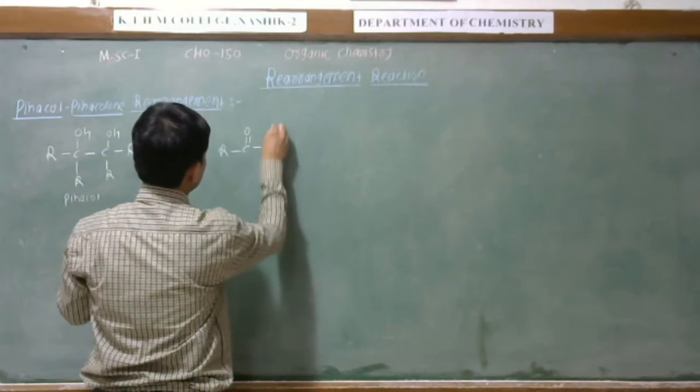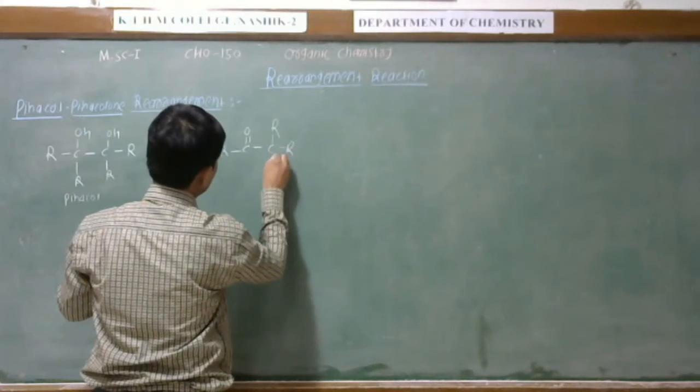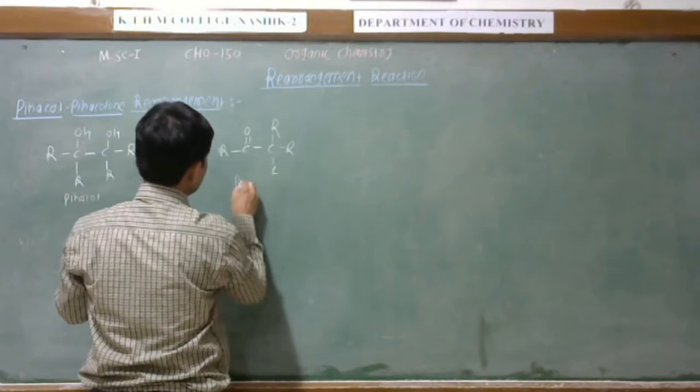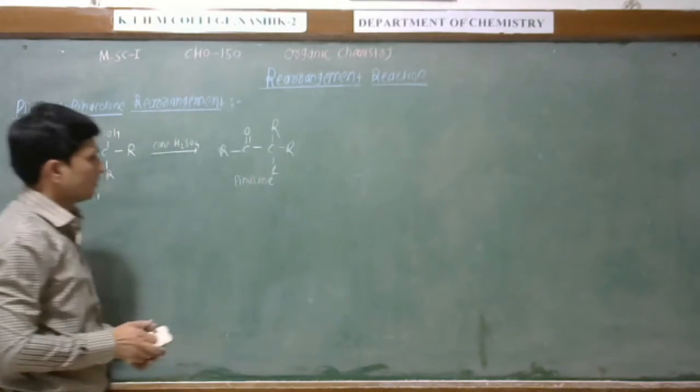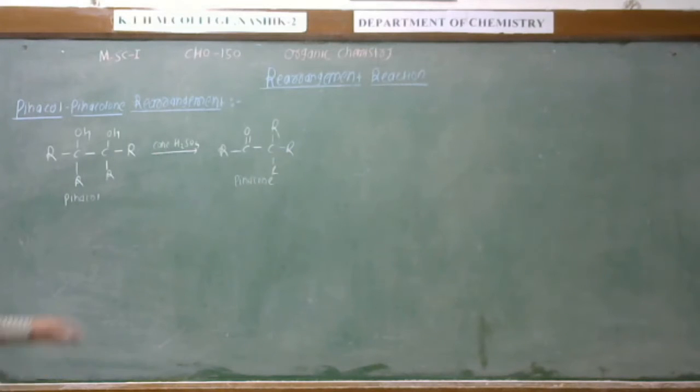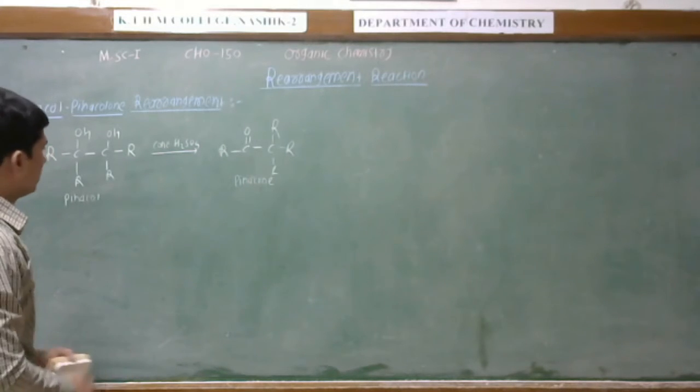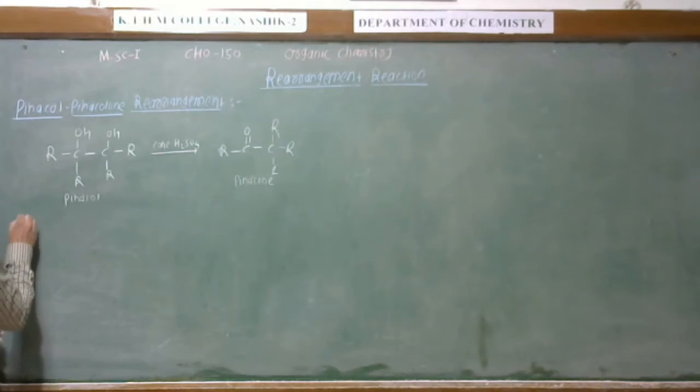This is carbon. This is R group. This is R group, and this is R group. So this is nothing but the pinacol. So simply see, this is the pinacol, and when this pinacol reacts with concentrated sulfuric acid, then it gives the pinacolone. Let us discuss here the mechanism.